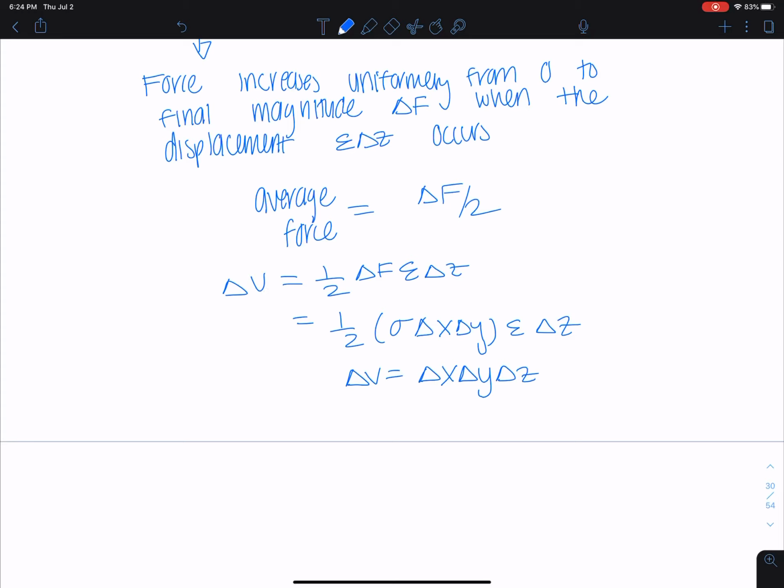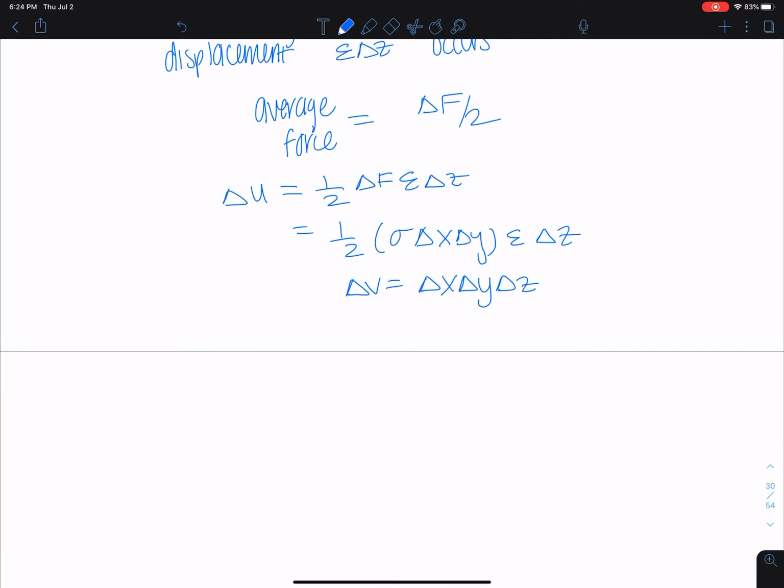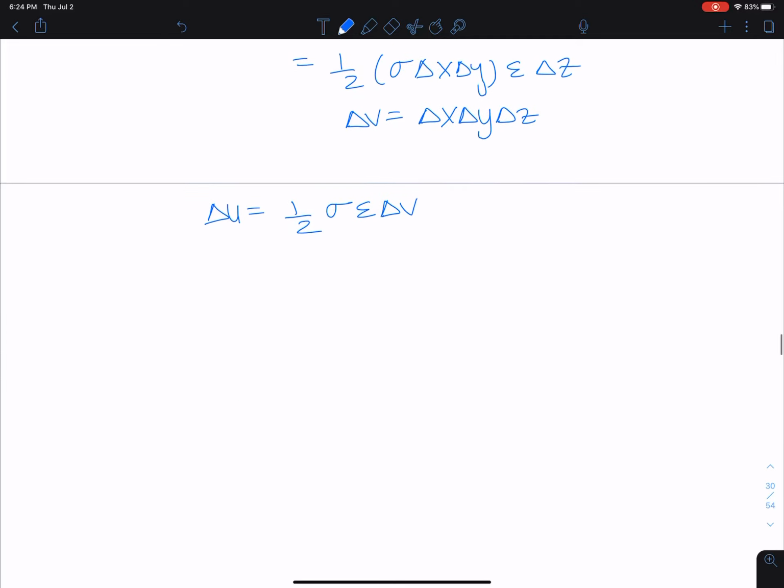This is delta V. Let me see how I can write this so it looks more like a U. Delta U, there we go. Okay, and now we can say that delta U is just 1/2 sigma epsilon delta V, change in volume, okay? And we're gonna get to some final equation here.